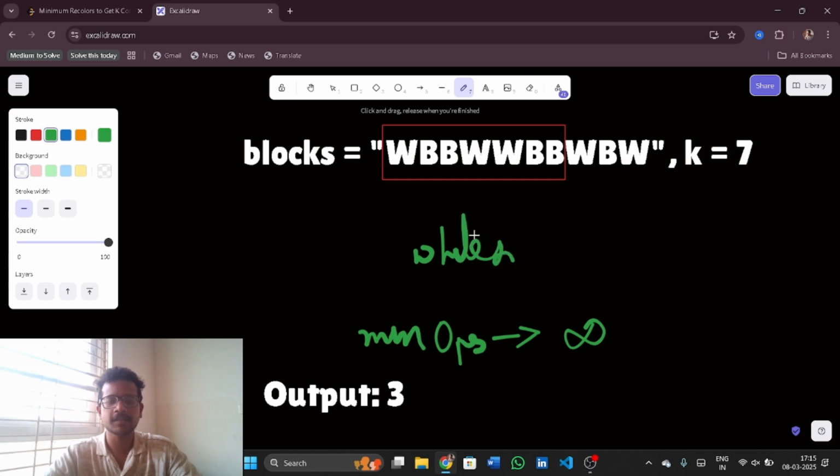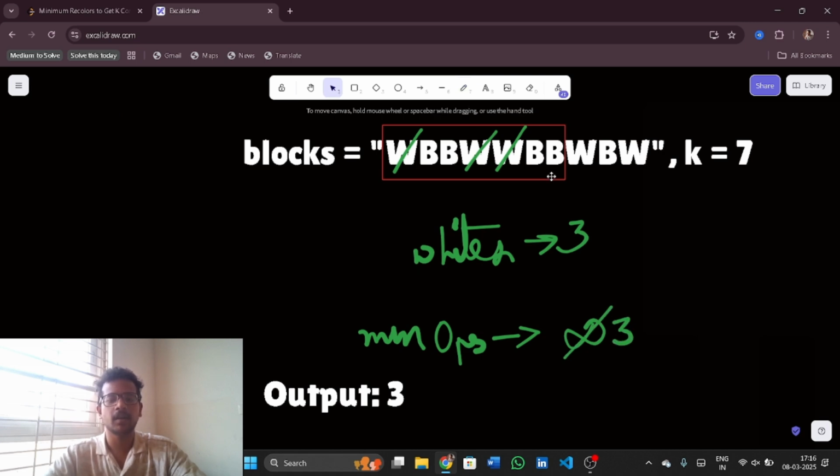The number of whites are the operations that I need to perform, since these whites need to be changed. Now I have one white, second white and third white, so the number of whites till now is 3, and the minimum operations is also 3.